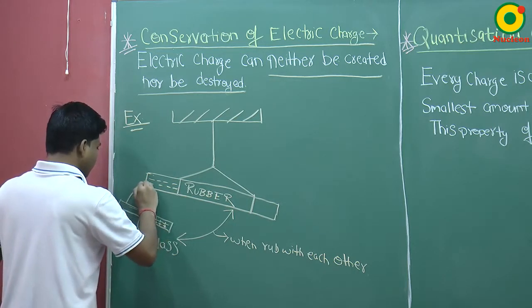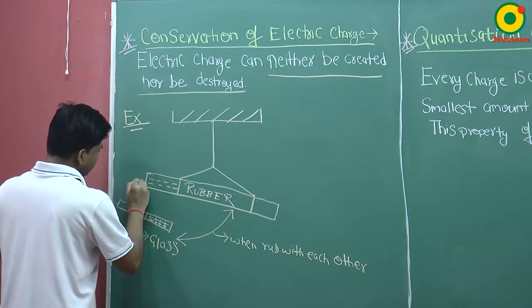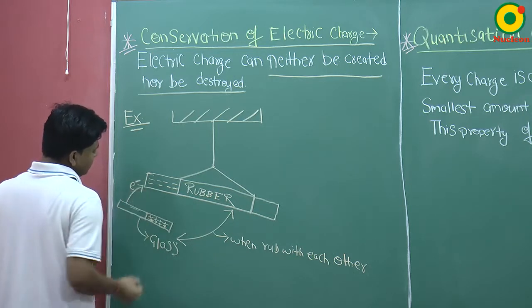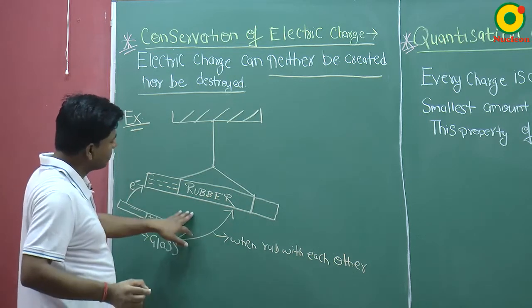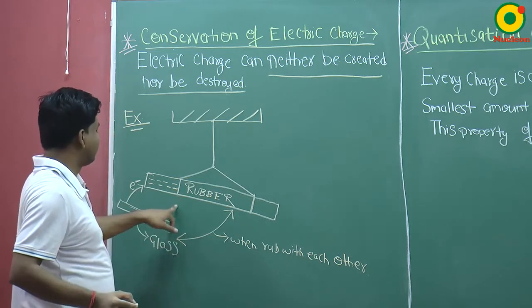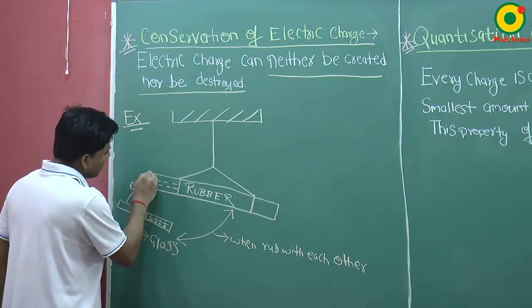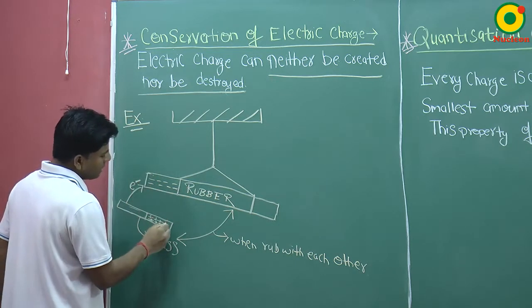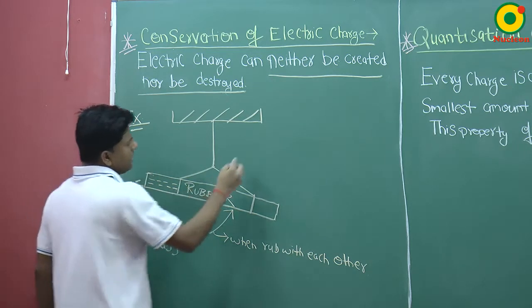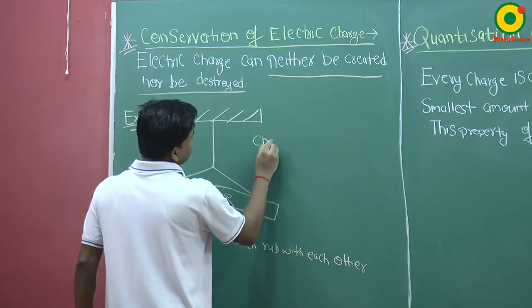So there is a movement of electrons when we rub these two bodies. What we observe in this example is that charge is always transferred from one body to another body.